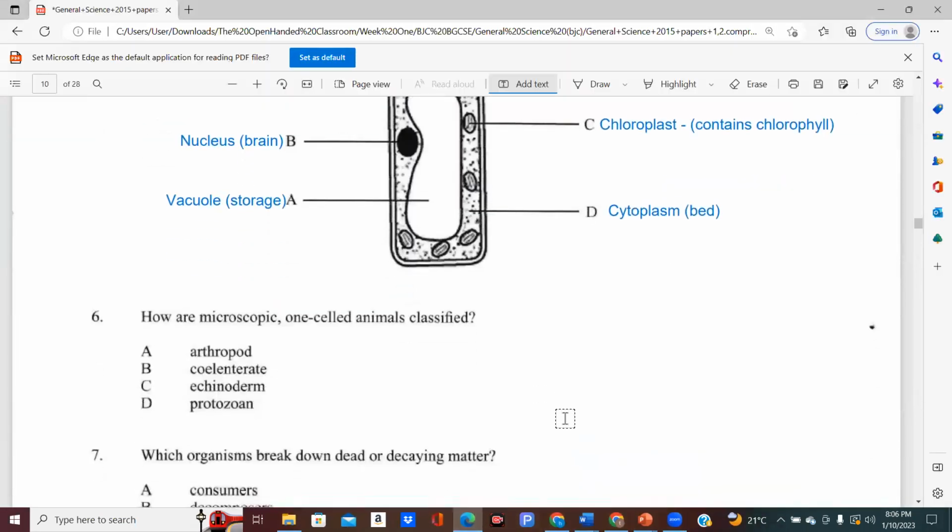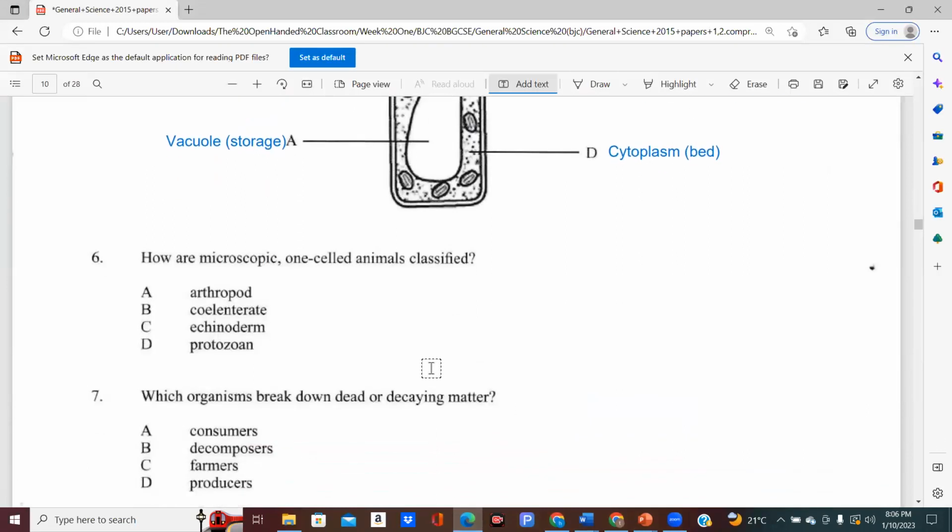All right, number 6. How are microscopic one-cell animals classified? Remember, they're one cell. They're microscopic. Echinoderm? Anyone else have any answer?